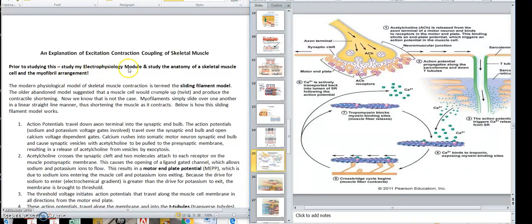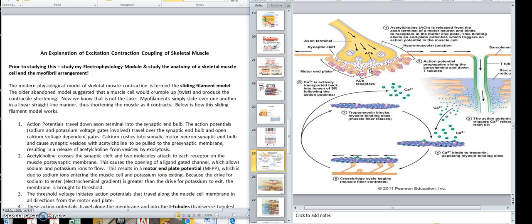That's why it's important to study this module. Synapsing on the muscle. This is called a motor end plate. Neurotransmitter substance, which is acetylcholine, is going to come from these synaptic vesicles, hook to receptors.